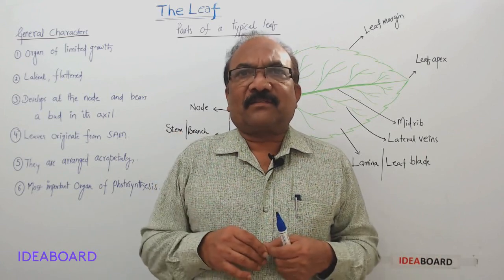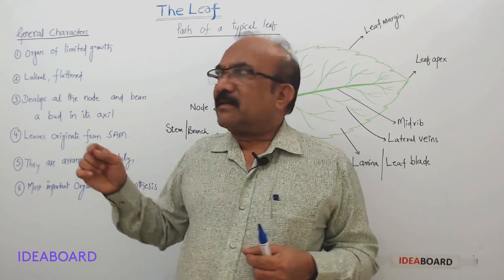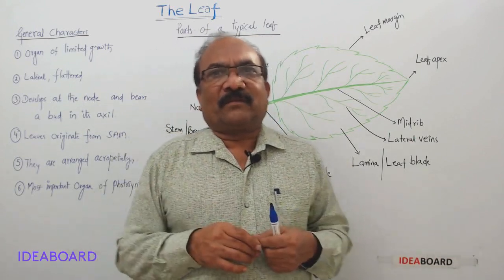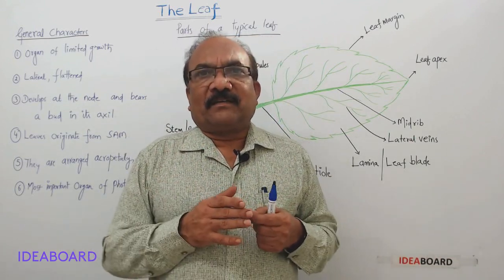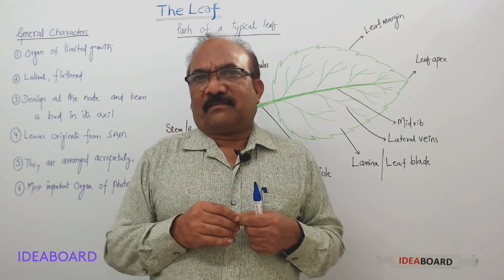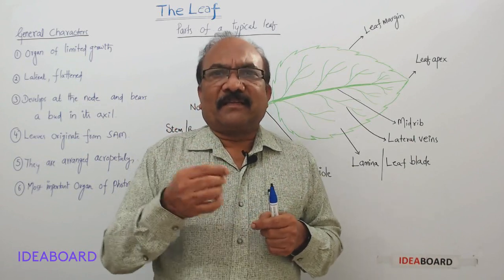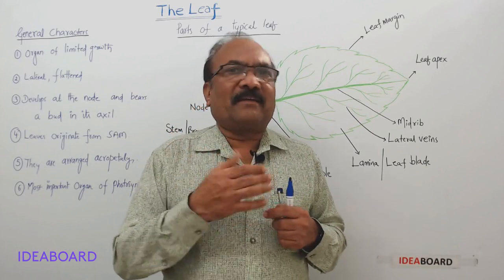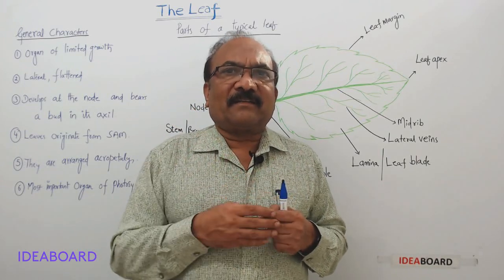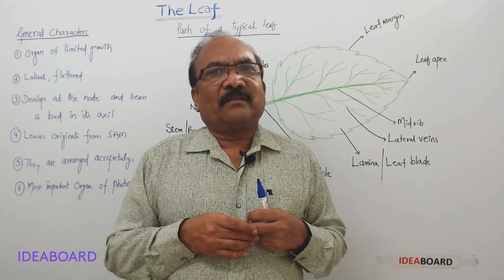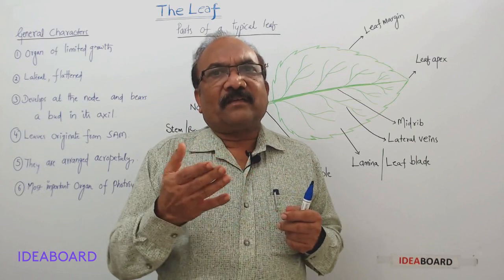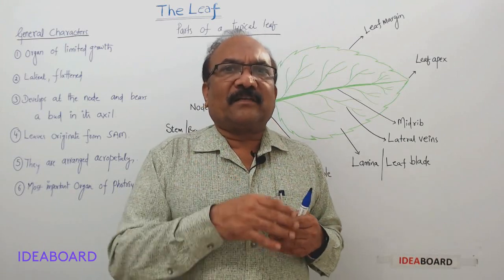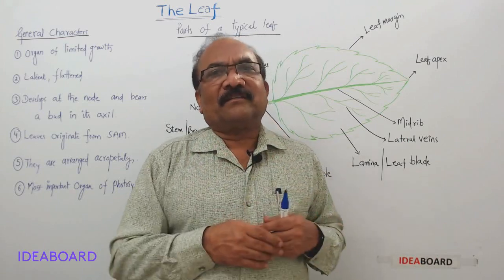But the leaves are organs of limited growth. What you might have observed is that in the beginning the leaf will be very small, light green in color, and as it matures it becomes dark green, and later, by the time it becomes old, the leaf will turn yellow, and later brown, and after that you will find the leaf on the ground.